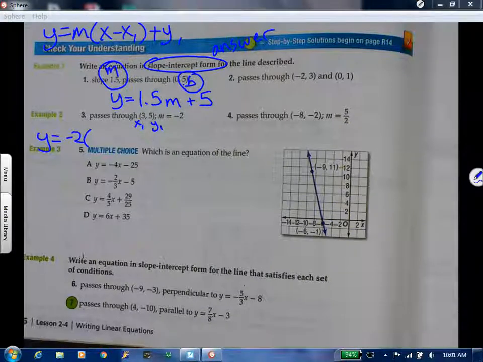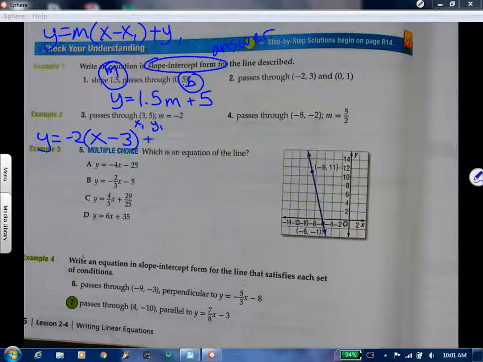The first y and the first x are going to stay variables. So this x is going to stay an x. Minus, the minus is built in, so 3. So you see how it looks like a negative 3, but that minus is part of the formula. It's built in there, so it has to be minus. Plus y1, so then plus 5.